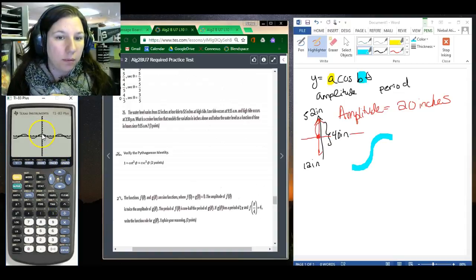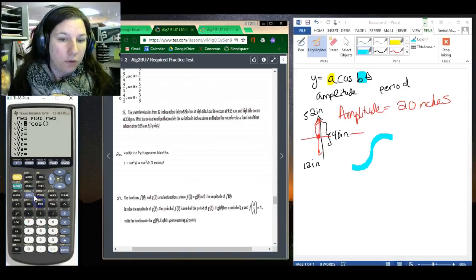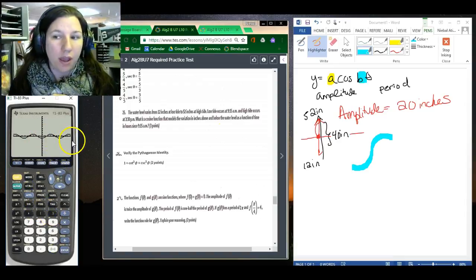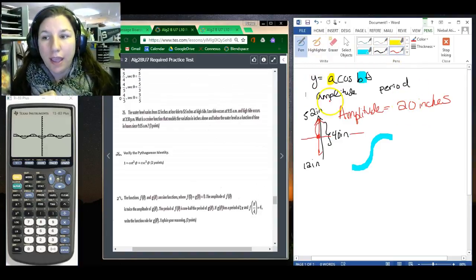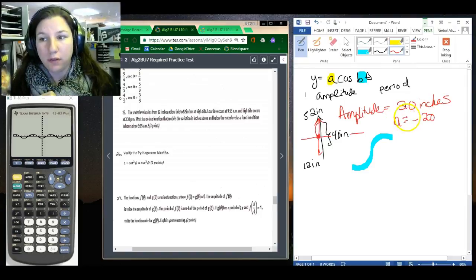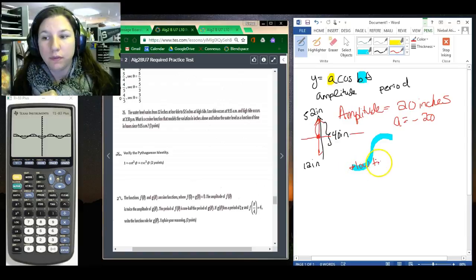Right, at the starting point, that's starting at the peak. And if I made it negative cosine theta, it's going from low to high. So our amplitude is 20 inches, and our A is going to be negative 20, so that our curve starts out at low tide to high tide.